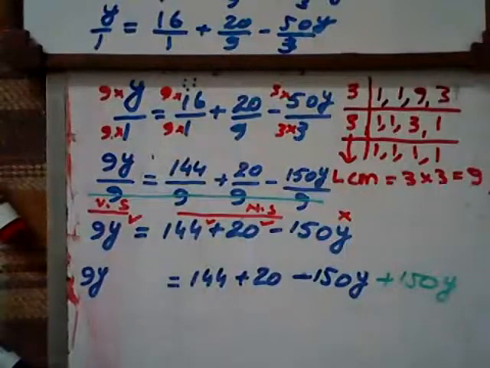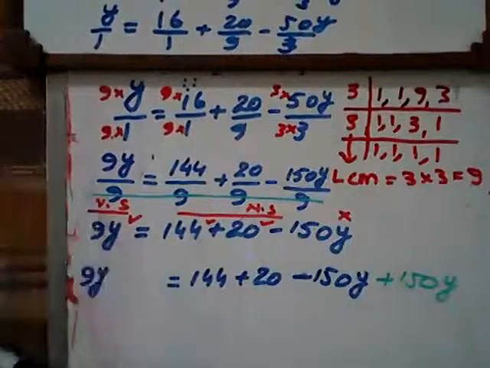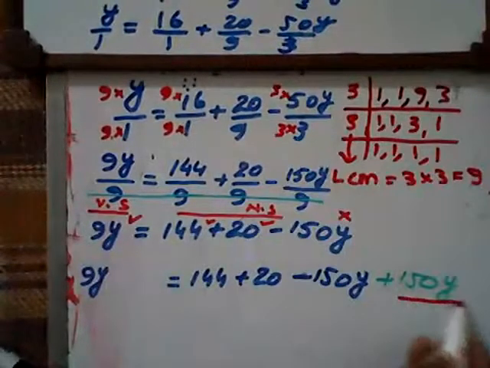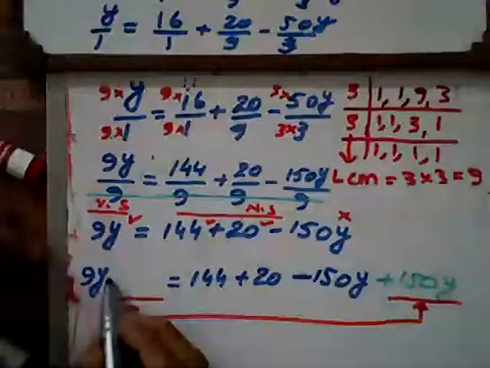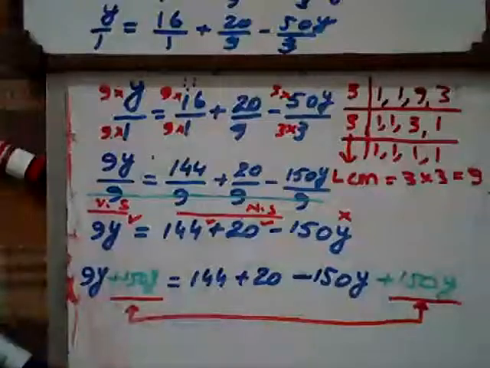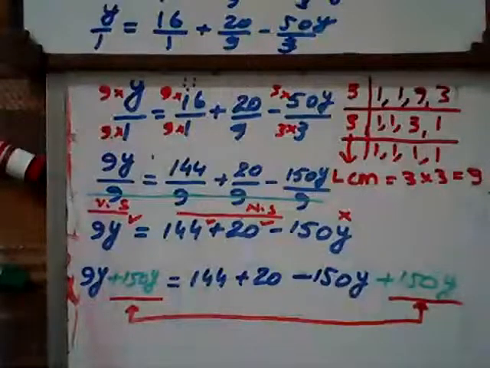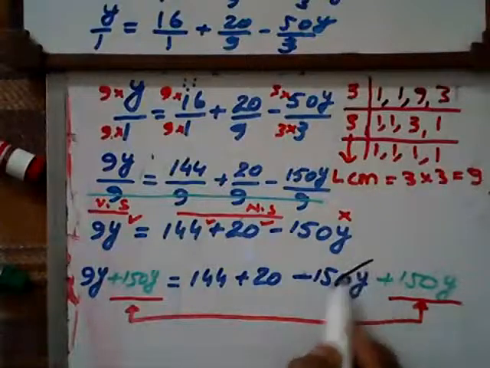And whenever we do something here, we do the same thing here, plus 150y. Here you can see that this is cancelled, because minus 150y plus 150y gives us 0.